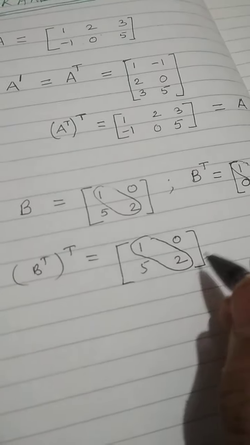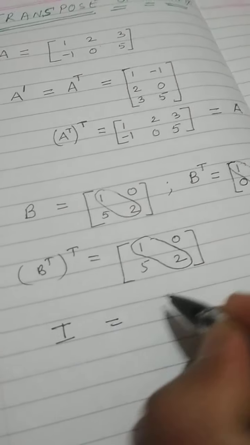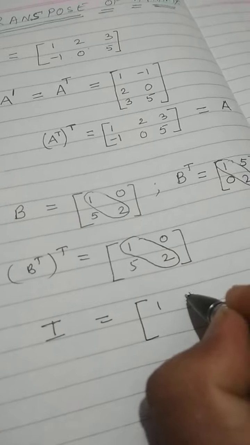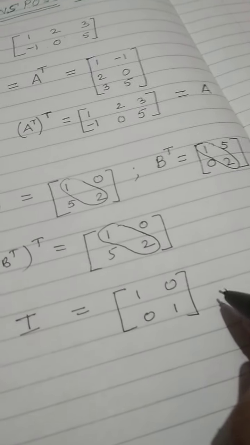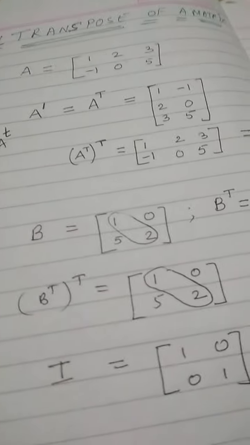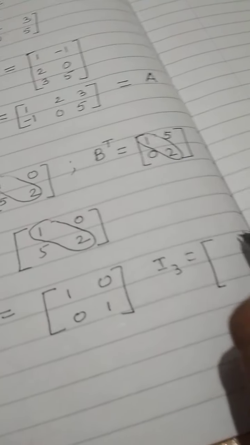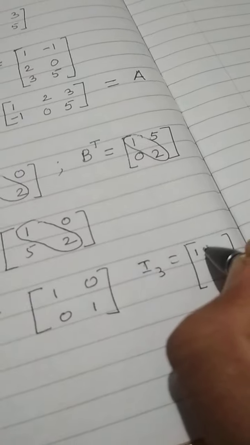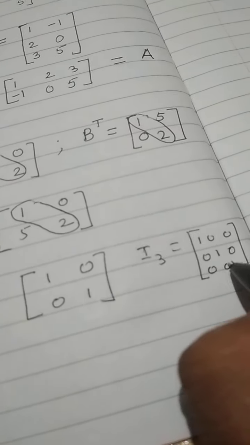Because of this, we can see the identity matrix. Basically, an identity matrix of any order is a square matrix. So even if it is I2, or I3, we have 1, 0, 0, 0, 1, 0, 0, 0, 1.